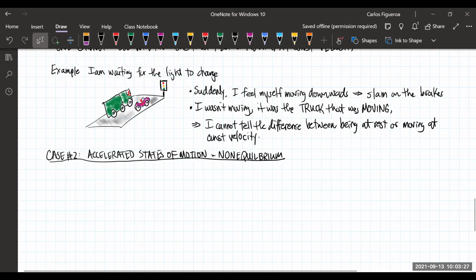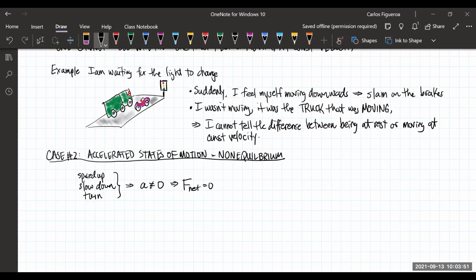So what do I mean by this? I mean this. If I speed up, slow down, or turn, if I do one of these things, then I know I am accelerating. And if I am accelerating, then I know that the net force is not 0.